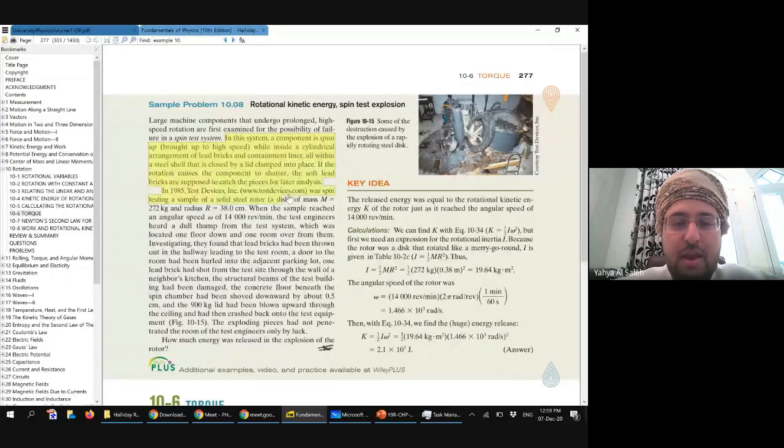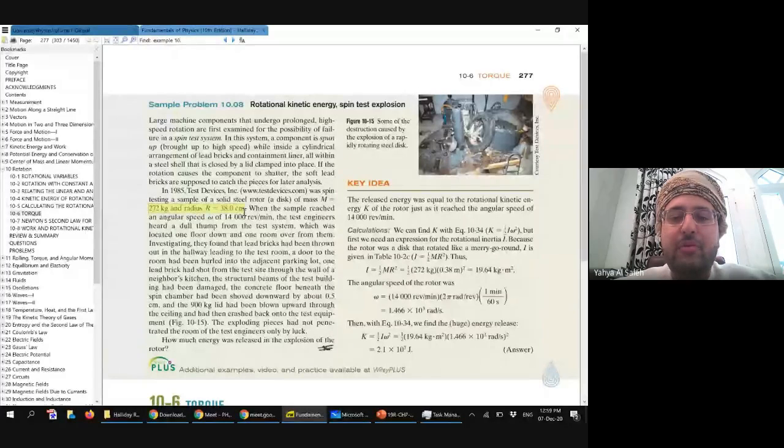Now, this is a test where a solid steel rotor, a solid steel disc, like the ones used in a helicopter, of mass 272 kilograms and radius 38 centimeters.